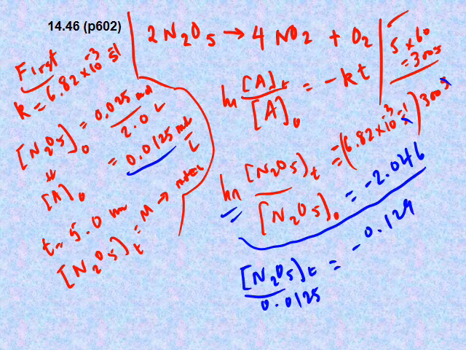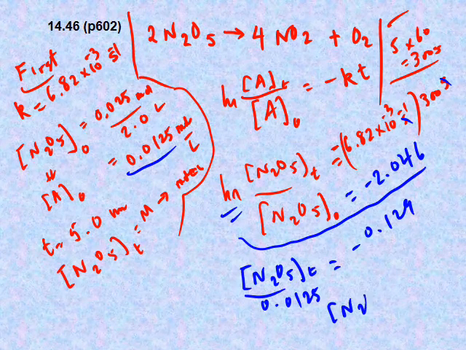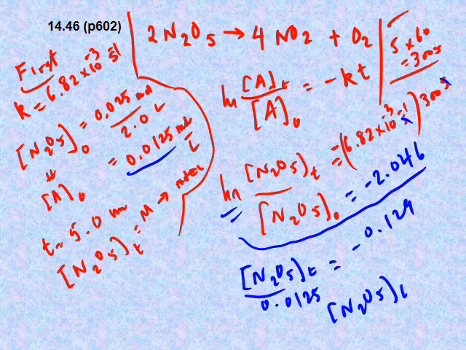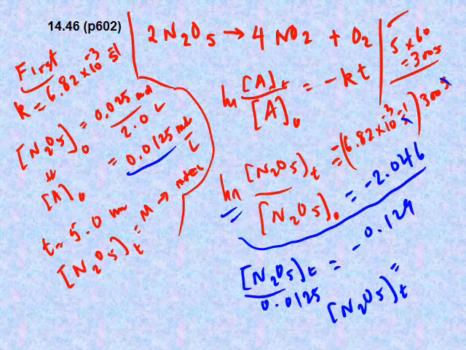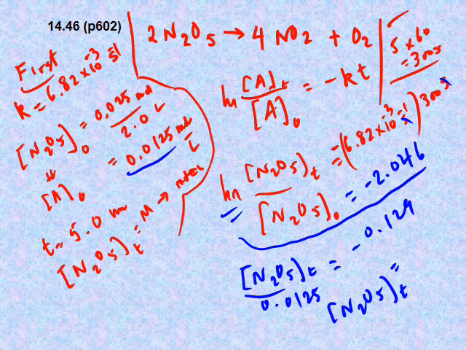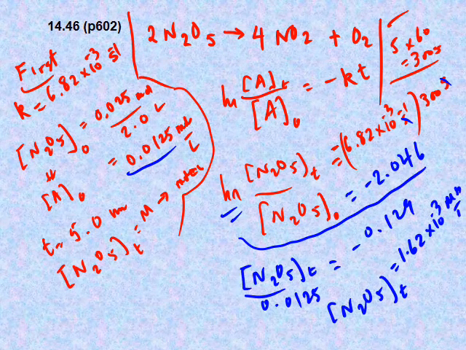Make sure you double check all these calculations. So N2O5 at T, after 5 minutes, the molarity is 1.62 times 10 to the negative 3 moles per liter. Now remember, in order to get moles, I'll have to multiply that by liter.